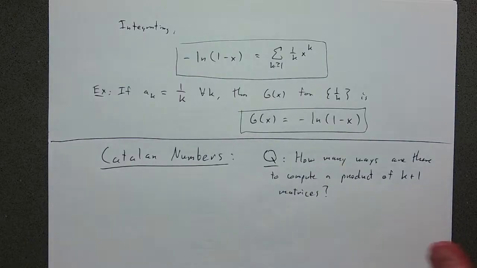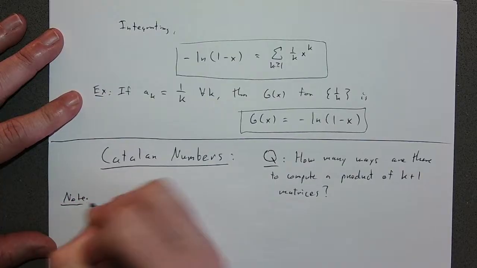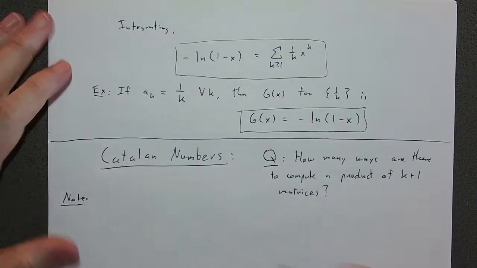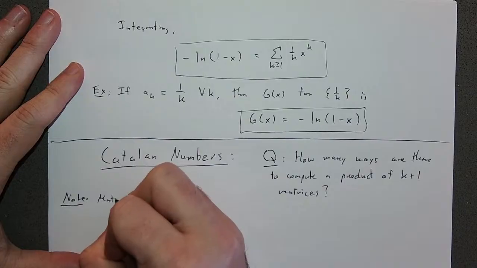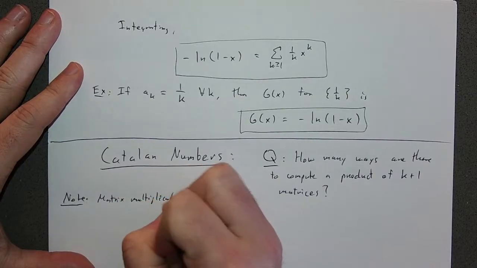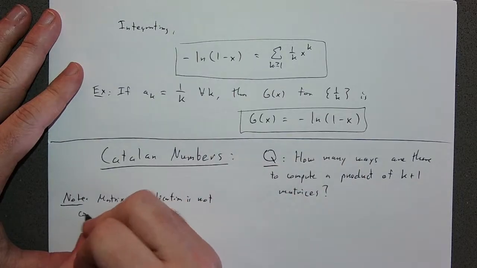So first of all, we should note, of course, that matrix multiplication is not commutative. You cannot swap the order of matrices in matrix multiplication. Matrix multiplication is not commutative in general.